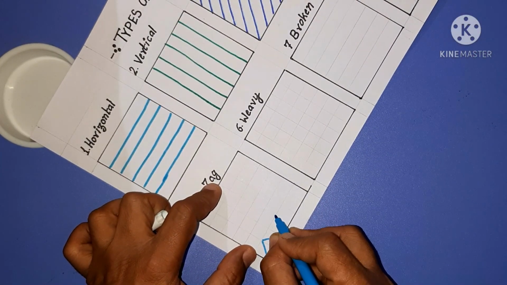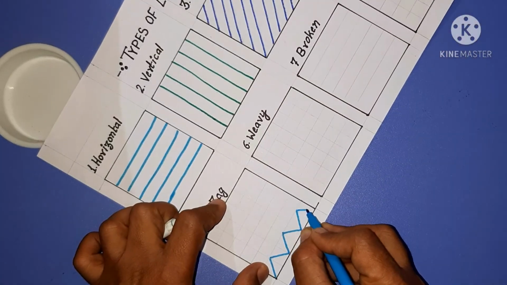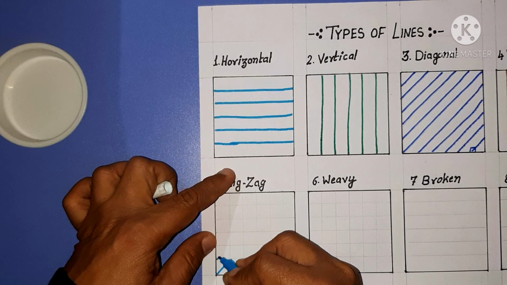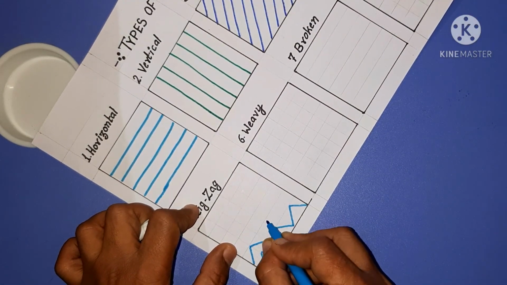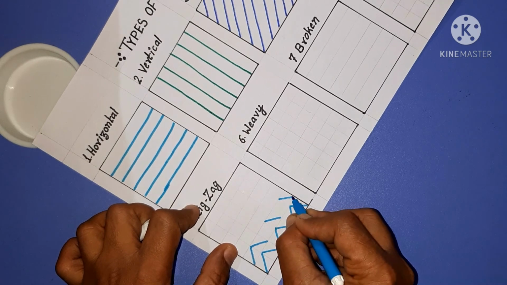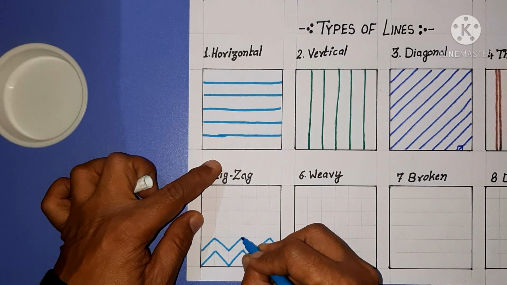This is the zigzag line. You can say this is again a property of a line. Note the direction. It may have any direction.